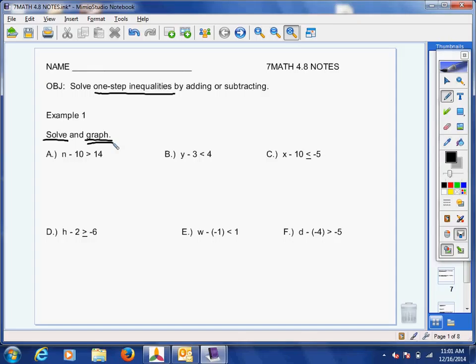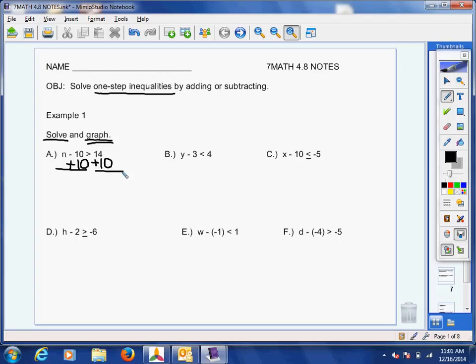Now, the process is the same as equations. How do you undo subtraction? Addition. Right. So let me see you write plus 10 under each side of that inequality symbol. Okay?